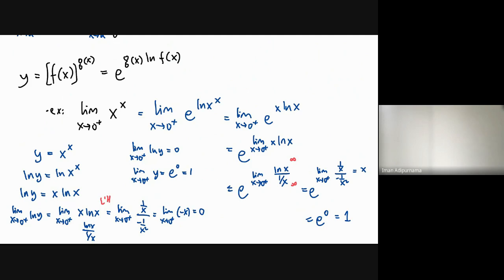You can change directly to e with power of x ln x, and then you can simplify. And then remember, when you have e with power of a function and it's a limit, you can just imagine that the limit is actually just evaluating this. So e with power of limit, and then we can check this result, and we got that this result is actually just negative x, and that will be 0. So the final result will be e with power of 0. It's 1.